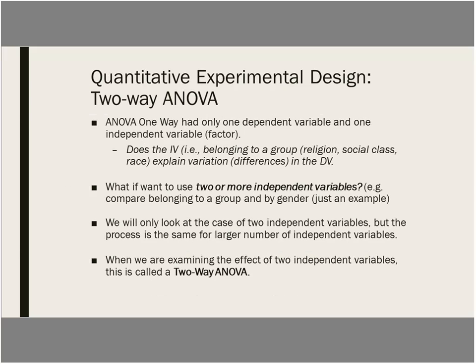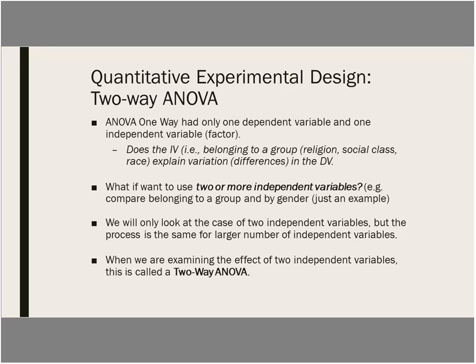Now, everyone thinks one-way ANOVA is pretty straightforward to do, but what about a two-way ANOVA? You can have as many ANOVAs as you want, really. But a one-way ANOVA only has one dependent variable and one independent variable, a factor. Recall that I was looking at whether the independent variable, belonging to some group, explains variation in the dependent variable. What if you want to use two or more independent variables? You want to compare belonging to a group and gender.